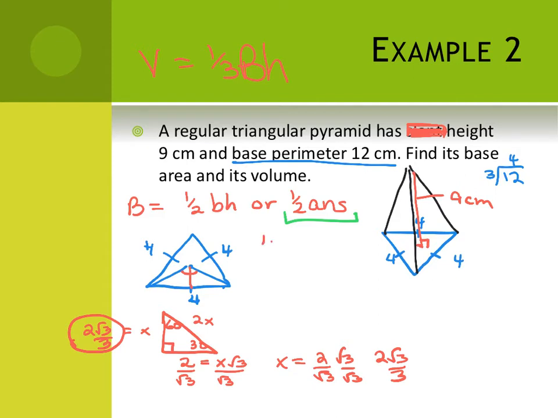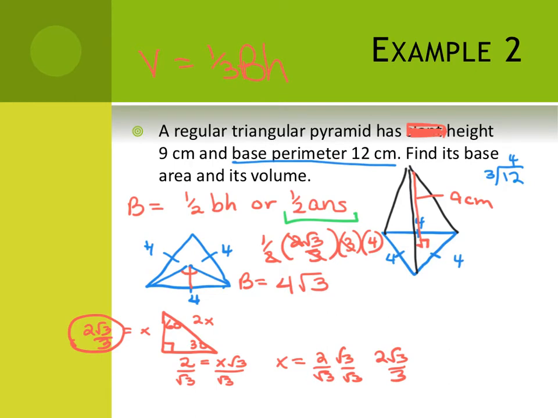So 1/2, 2 root 3 over 3. Number of sides is 3. And then the side length is going to be 4. So I can simplify, simplify. And my final answer for my base area is 4 square root 3.